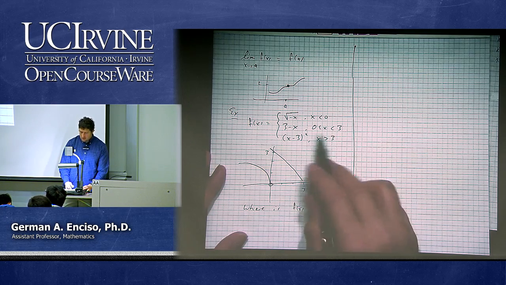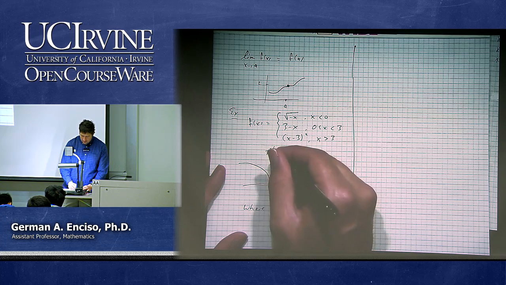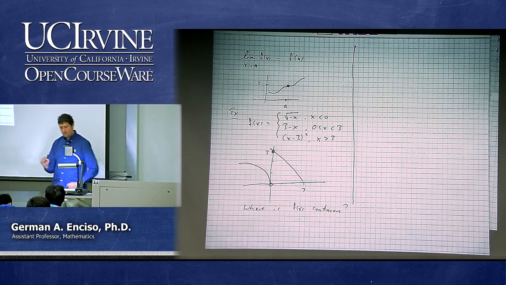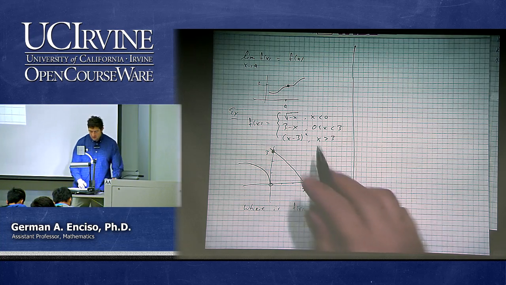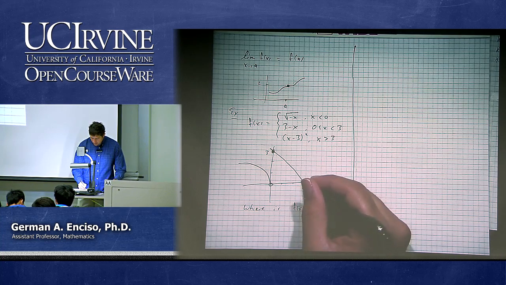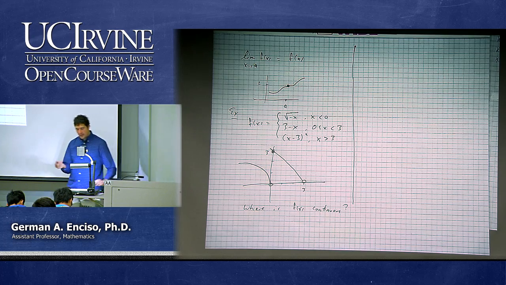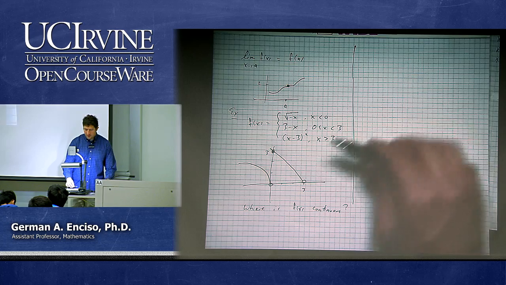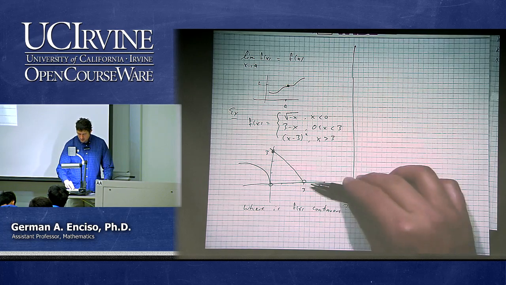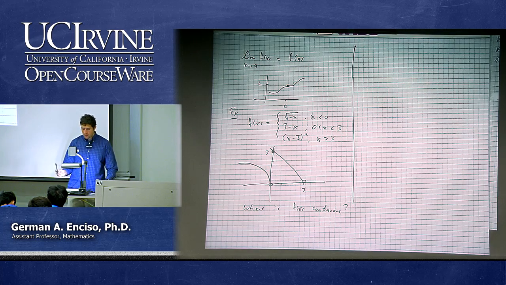Okay, does it include 0? Yes. So that means that I can draw a full ball in there. Does it include 3? No. It does not include 3. So we draw an empty ball in there, indicating that as far as this definition is concerned, this line does not go all the way to 3.